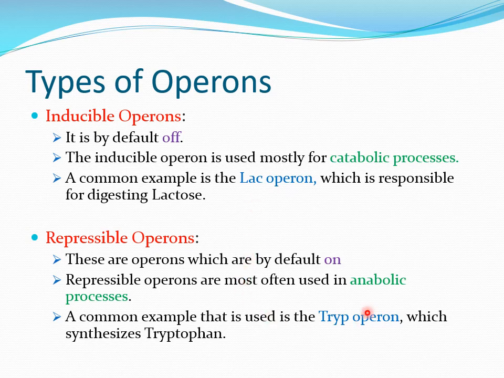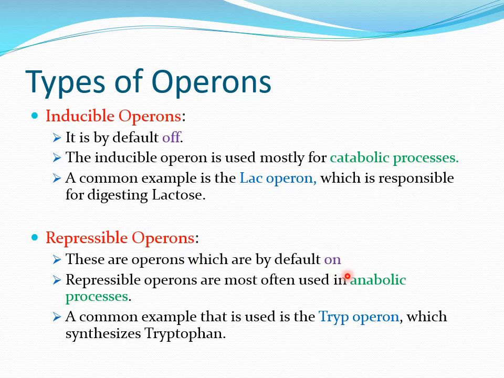Now, the other type of operon is the one that is related to the anabolic processes. That means the cell requires certain complex molecules regularly. So by default, these repressible operons are on.